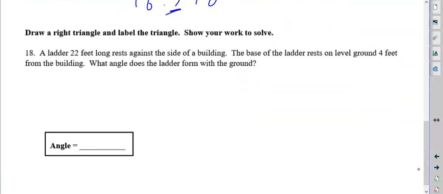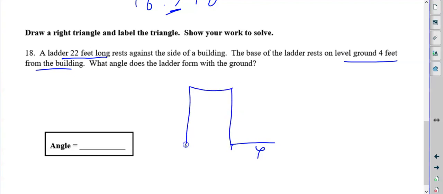Draw a right triangle and label the triangle. Okay, I have a ladder 22 feet long resting inside the building. It's 4 feet from the building. So that's 4. Here's the building. This ladder is 22 feet. What is it forming with the ground? Well, from this angle, this is the adjacent, this is the hypotenuse.